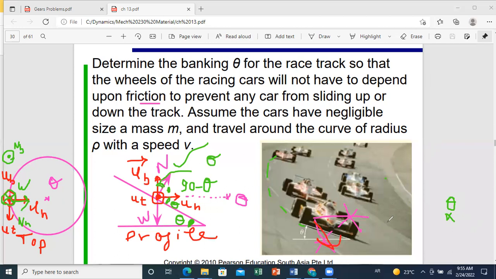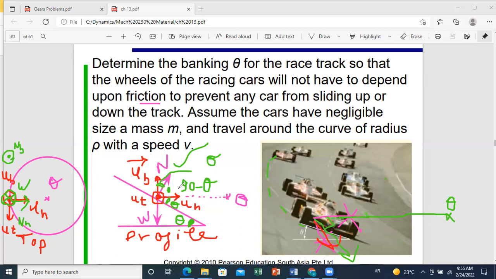And since UN UT is in the horizontal plane, when I want to represent this view, I have UN along the horizontal direction like this, okay? And UT is always following velocity, because your velocity is tangent to the path, so UT is perpendicular to UN in this way. So this is UN UT.